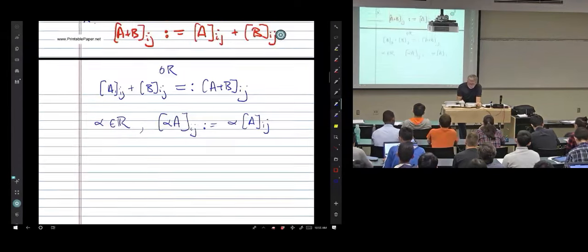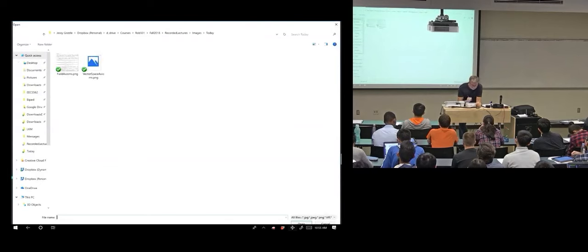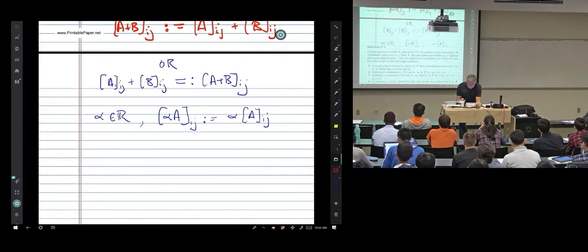So, this is the example I want you to have in mind because we're going to define vectors. And for some of you, you're not going to like it. Vector space. Axioms. Bingo.